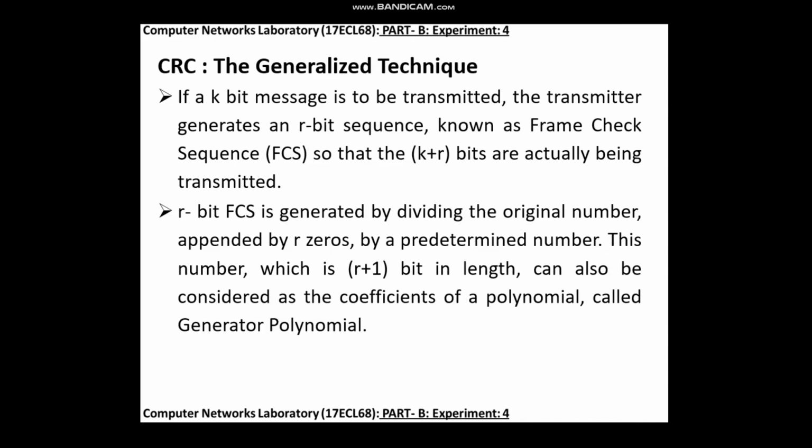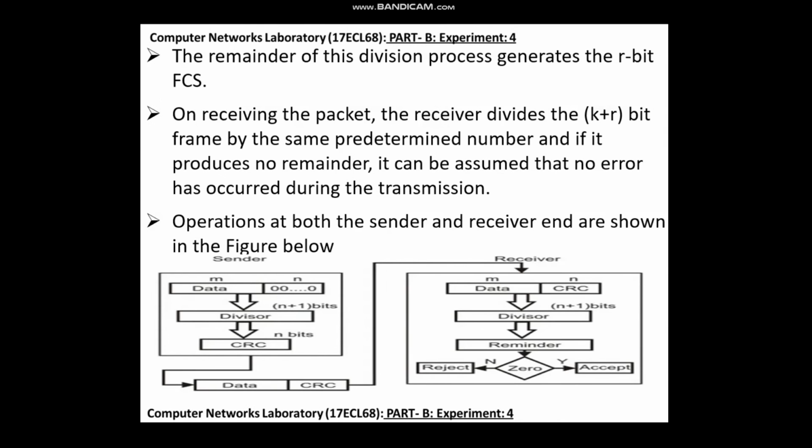This number, which is r plus 1 bits in length, can also be considered as the coefficients of a polynomial called the generator polynomial. The remainder of the division process generates the r-bit FCS. On receiving the packet, the receiver divides the k plus r bit frame by the same predetermined number, and if it produces no remainder, it can be assumed that no error has occurred during the transmission.